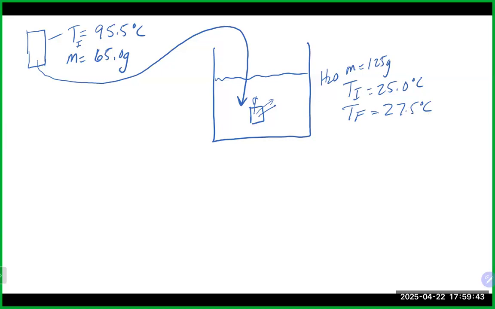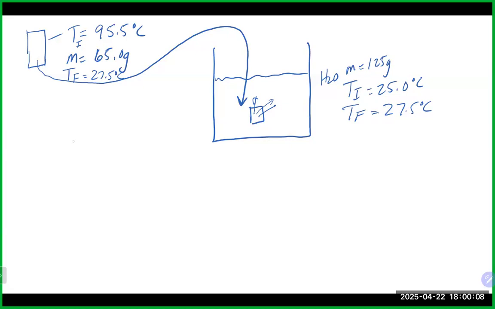With that piece of metal sitting in my water, it'll eventually come to equilibrium with the temperature of the water. In this particular case, that means the final temperature of our metal will end up being 27.5 degrees Celsius, as it's sitting in that water and comes to the same temperature.